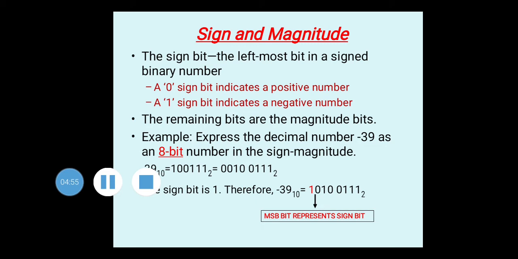Decimal number 39: we have converted this decimal number into a binary number using the division by 2 method, since it is just an integer. The binary representation of 39 is 1 0 0 1 1 1. But this is the magnitude, that means the value of the given number 39.